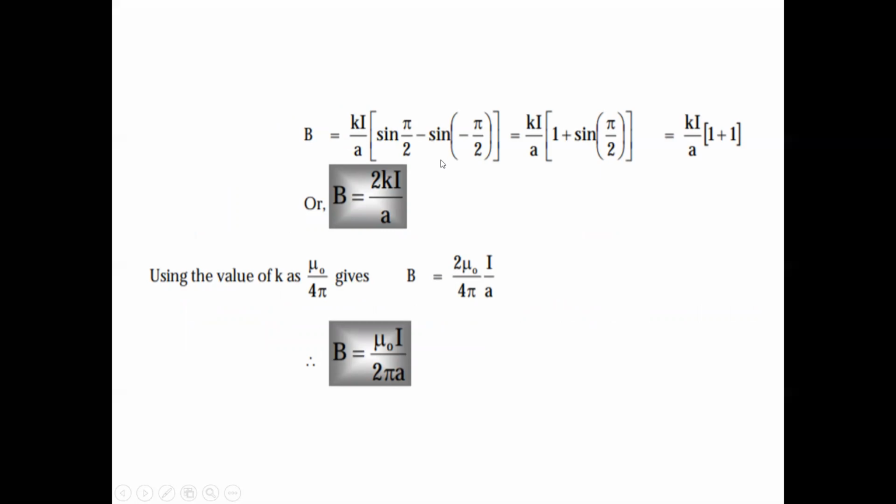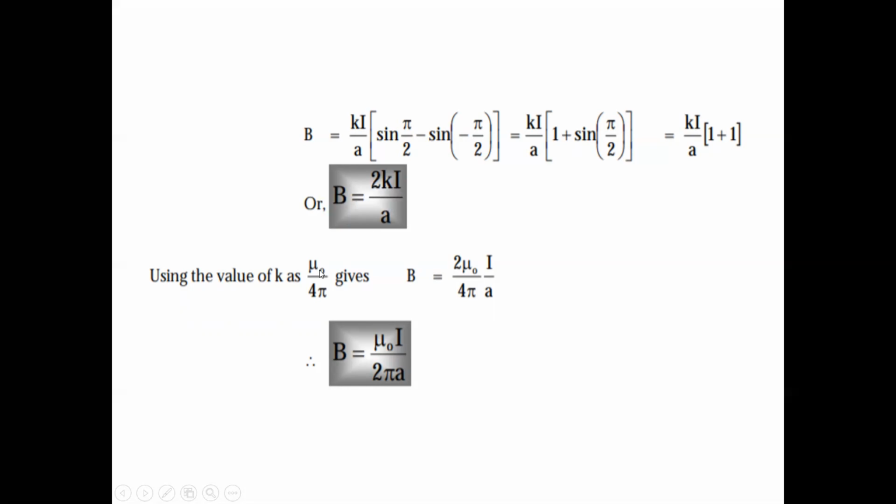Now substitute the 90 degrees value in sin alpha 2 and sin alpha 1. That is sin pi by 2 minus sin of minus pi by 2. Here sin pi by 2 value is 1. Sin of minus theta is taken as minus sin theta, so minus minus is plus. So 1 plus 1 is 2. So the magnetic field intensity for a conductor B is equal to 2 K i.